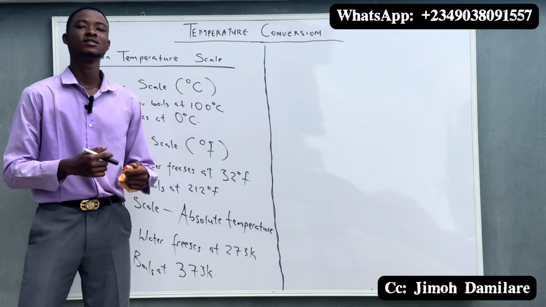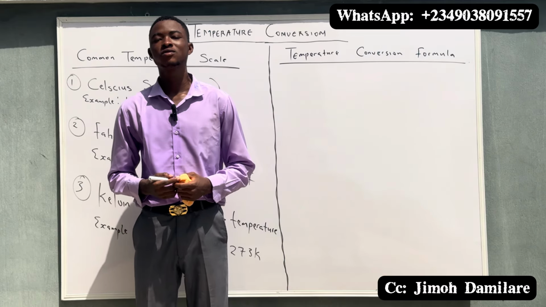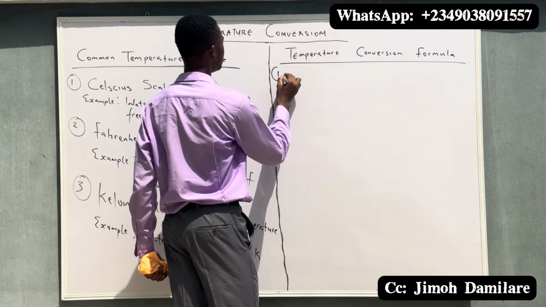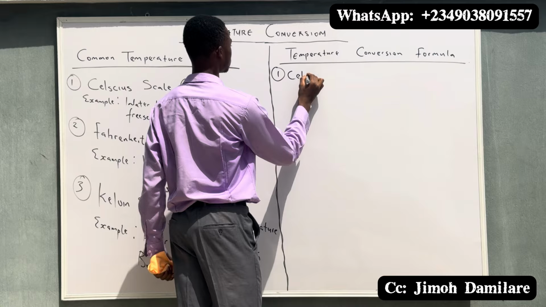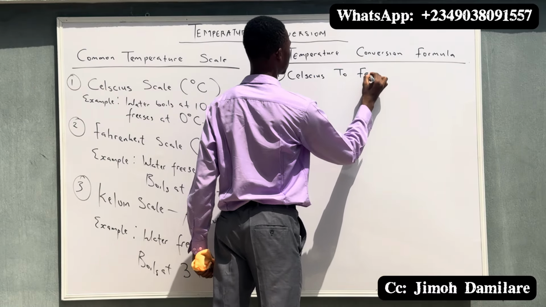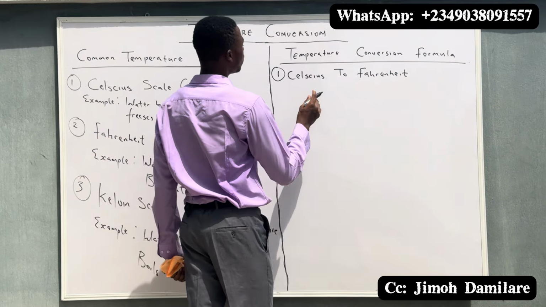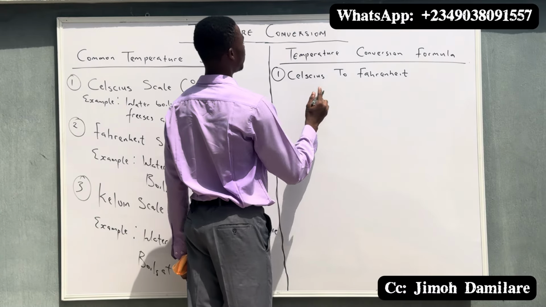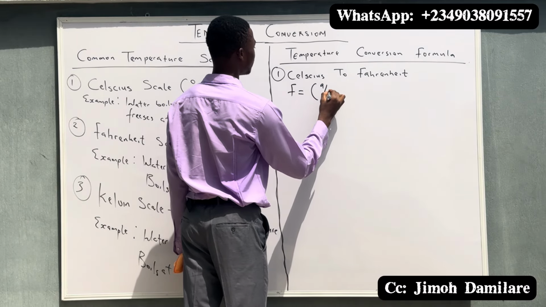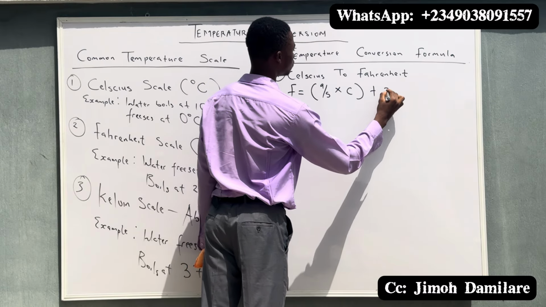So let's look at the temperature conversion formulas. We have the first concept, which is Celsius to Fahrenheit. In order to convert Celsius to Fahrenheit, Fahrenheit is equal to open bracket 9 divided by 5 multiplied by C, plus 32.